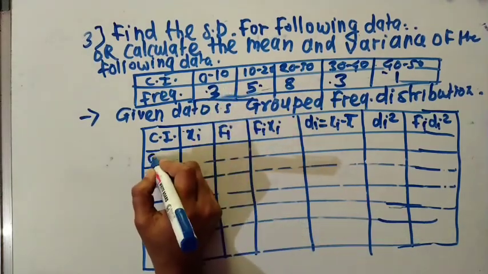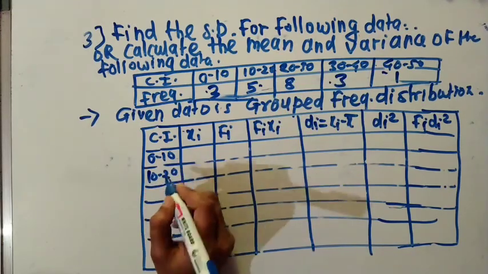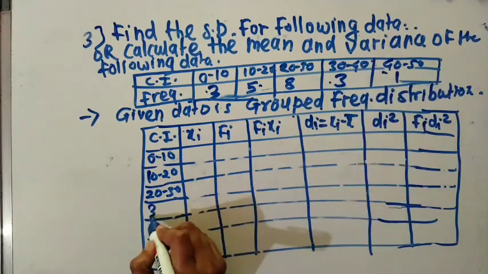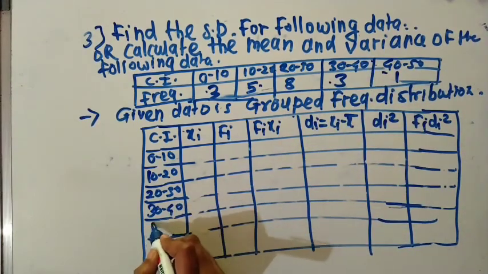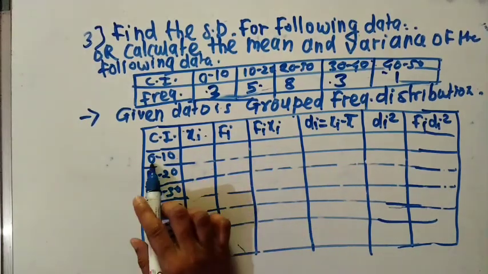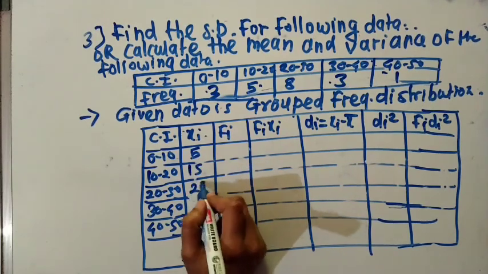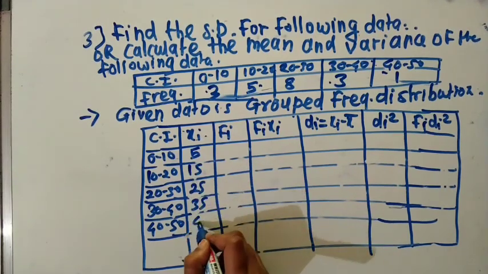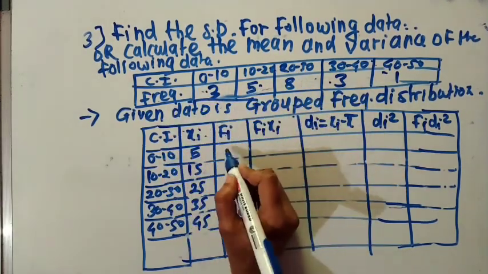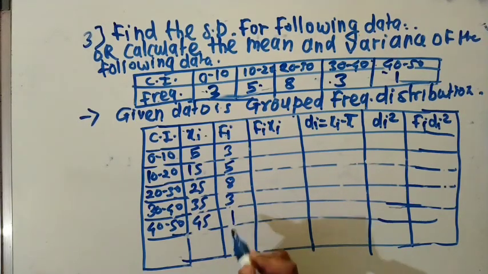Then 0 to 10, 10 to 20, 20 to 30, 30 to 40 and 40 to 50. Then xi is the mid value: 5, 15, 25, 35 and 45. Then fi is the frequency: 3, 5, 8, 3 and 1.